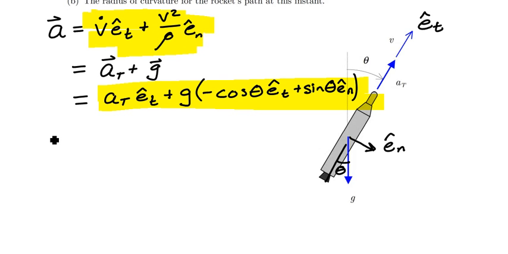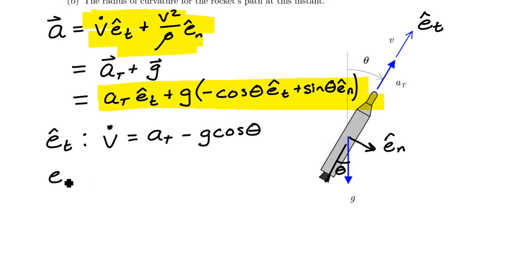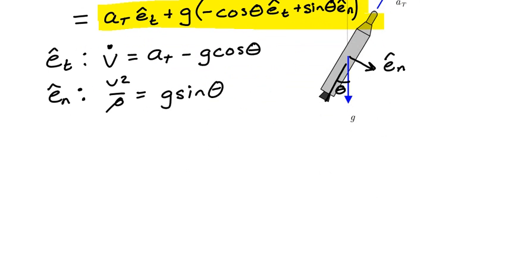In the e sub t direction, the rate of change of speed v dot is equal to a sub t minus g times the cosine of the angle theta. In the e sub n component, v squared over rho is equal to g times the sine of the angle theta. So I can solve these two equations and get the quantities we're asked for.